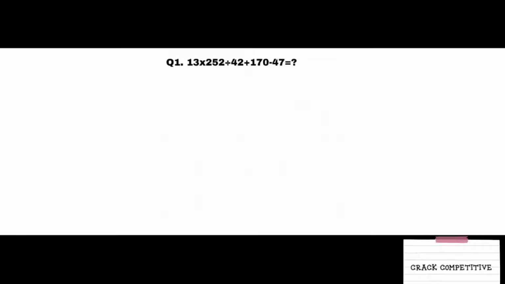You can see here is a simplification: 13 into 252 divided by 42 plus 170 minus 45. So how will you solve this? If you don't know the BODMAS rule, you have to solve this with BODMAS. Firstly, you have to do this part, 252 by 42.